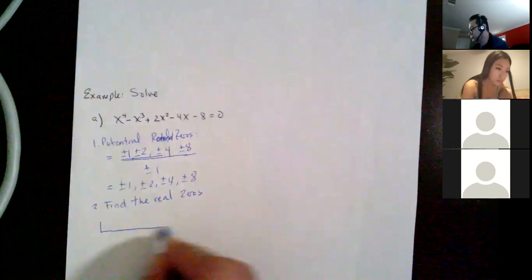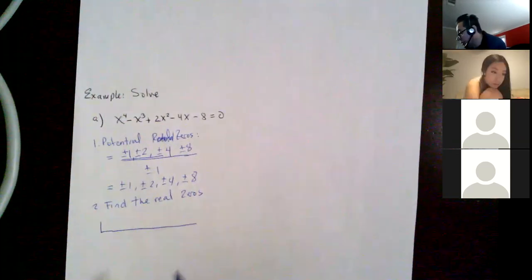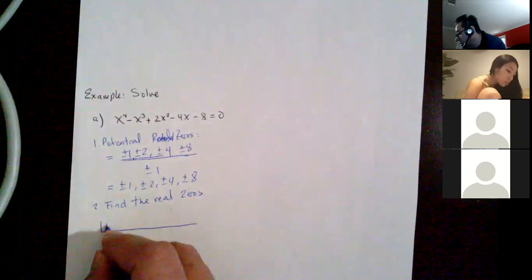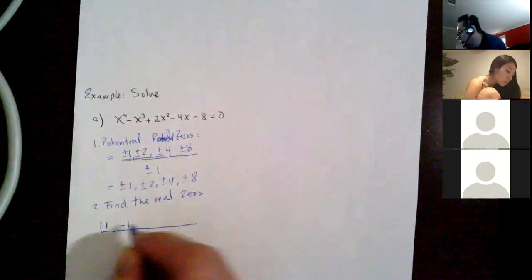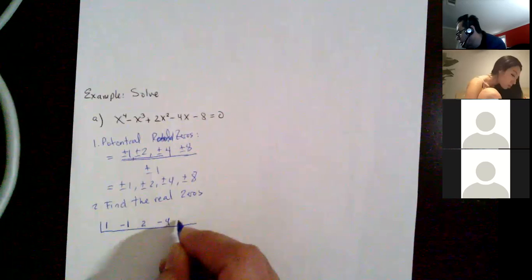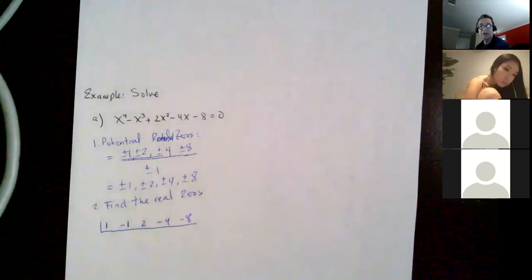All right. So this is 1, -1, 2, -4, -8, right? Those are the coefficients of that equation, correct?